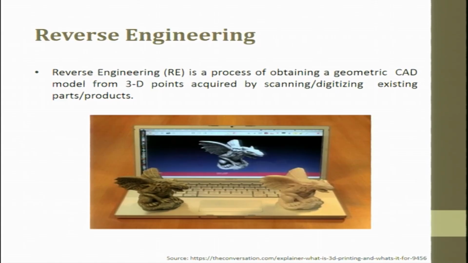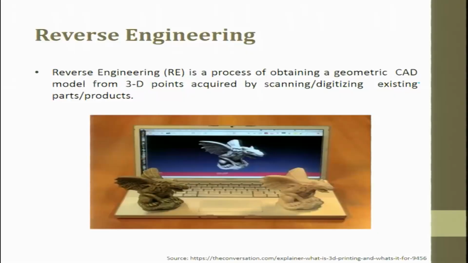So, you try to get points of data, which are called a point cloud of data, and from that you try to reconstruct a CAD model, and this CAD model can be used for analysis and further development.